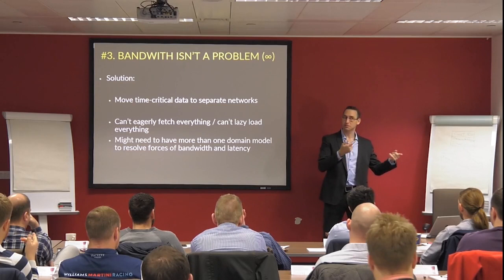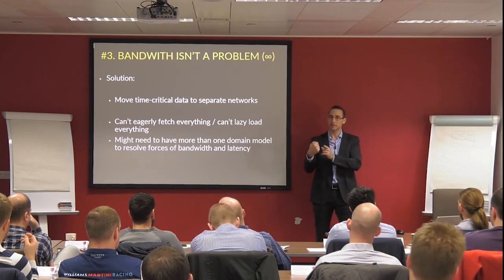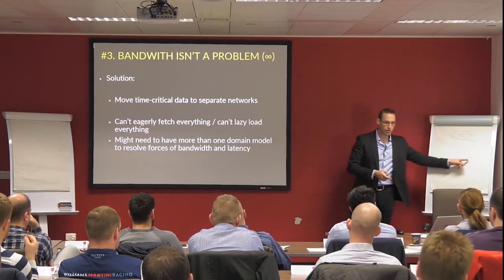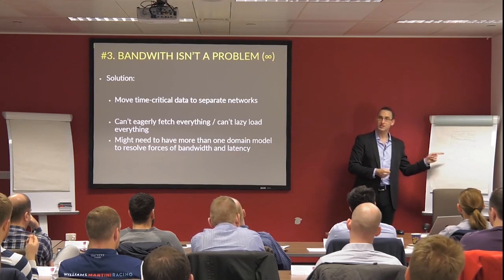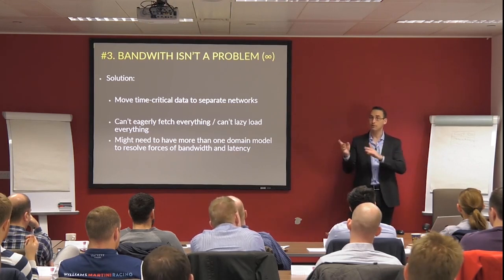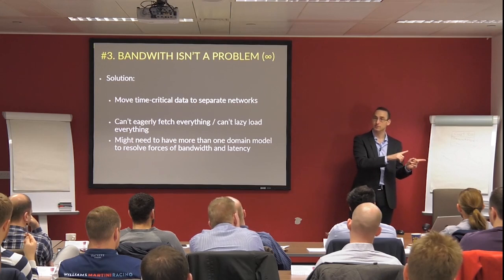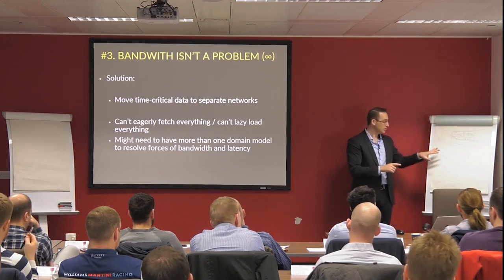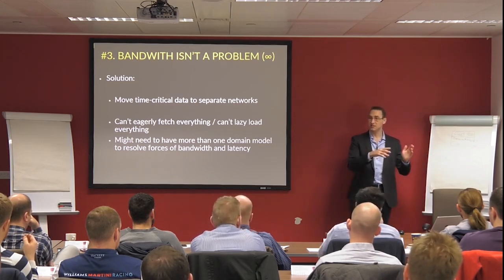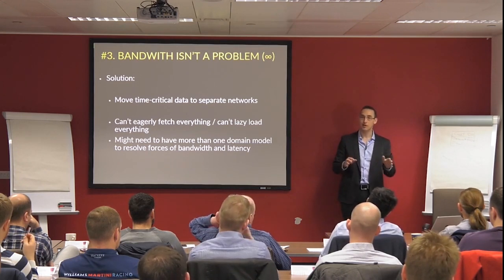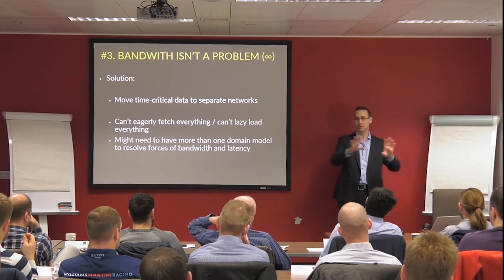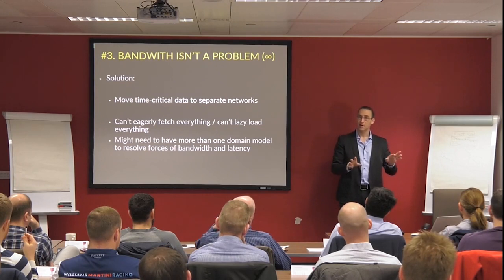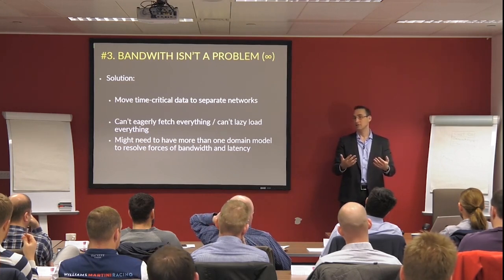But let me start two steps earlier. Doing this logical decomposition doesn't require us to deploy it to different networks, right? Once we've subdivided these APIs, we can still say, let's host it on the same network. Let's not do virtual networks. Let's not do any of that. But we have the option.